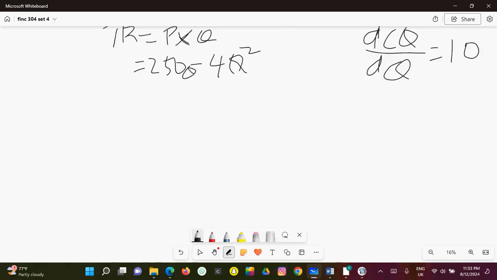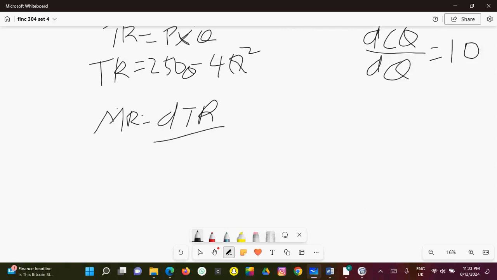Now, if we want to differentiate, this is TR. So let's differentiate TR with respect to Q. MR is equal to dTR with respect to Q, which is going to give us, differentiating 250Q first, 250. Because Q raised to the power 1, the 1 at the top will multiply 250, and then 1 is subtracted from the power, so you get Q raised to the power 0.